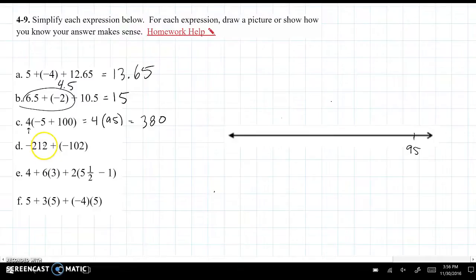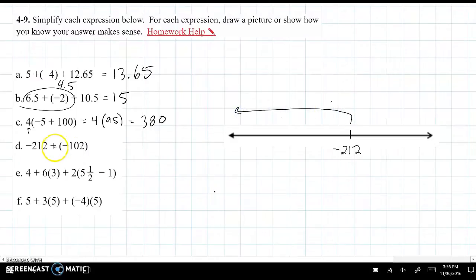So this one, we got a bunch of negatives. So here we're starting. This is a tricky one. So we're starting at negative 212, and we're adding more negatives. So if I already owe somebody money and I then add more negative, I'm going this way. I'm going backwards.